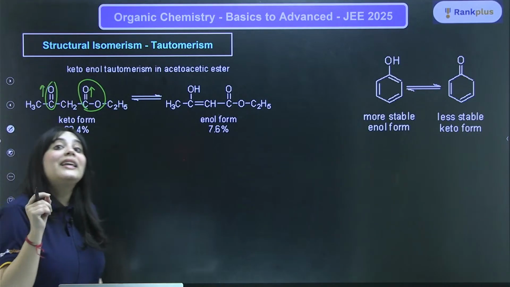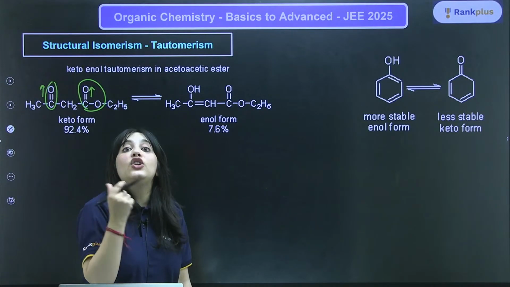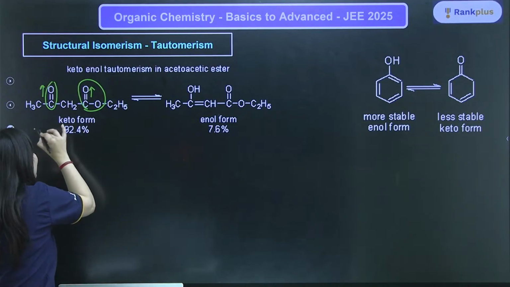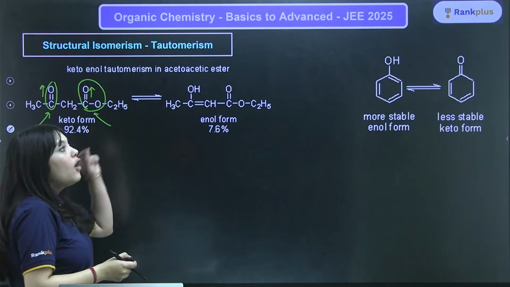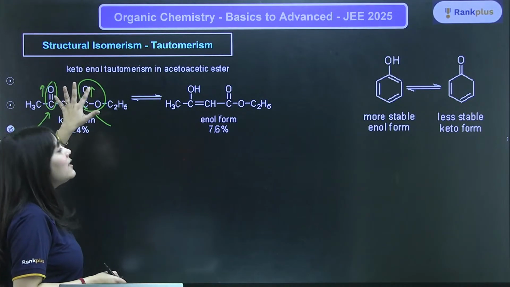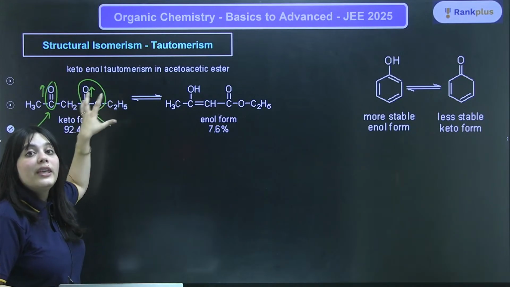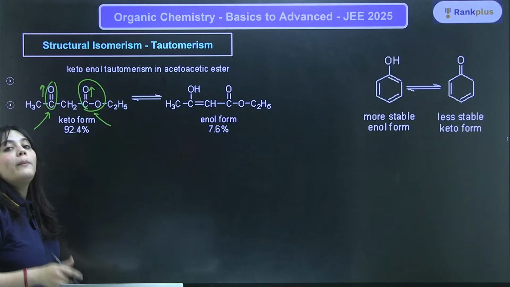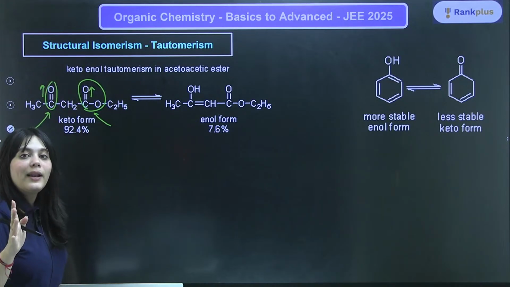But where will the keto-enol tautomerism be shown? On the one which is the keto form. So this is the keto form, this is the ester form, remember that, right? You will not form the enol form on this oxygen, no, because this is the ester molecule over here. You can only form the enol form on this molecule. Is this thing clear to everyone, right?